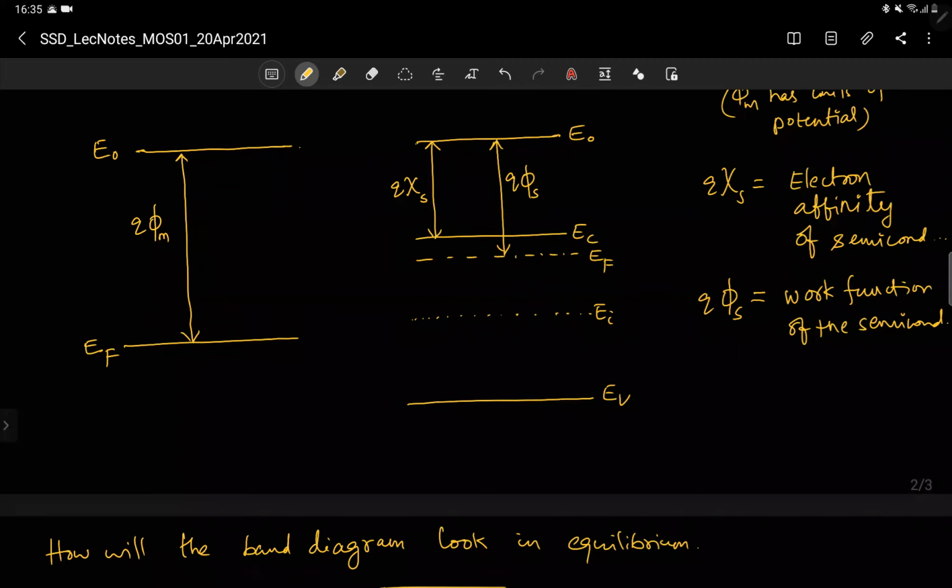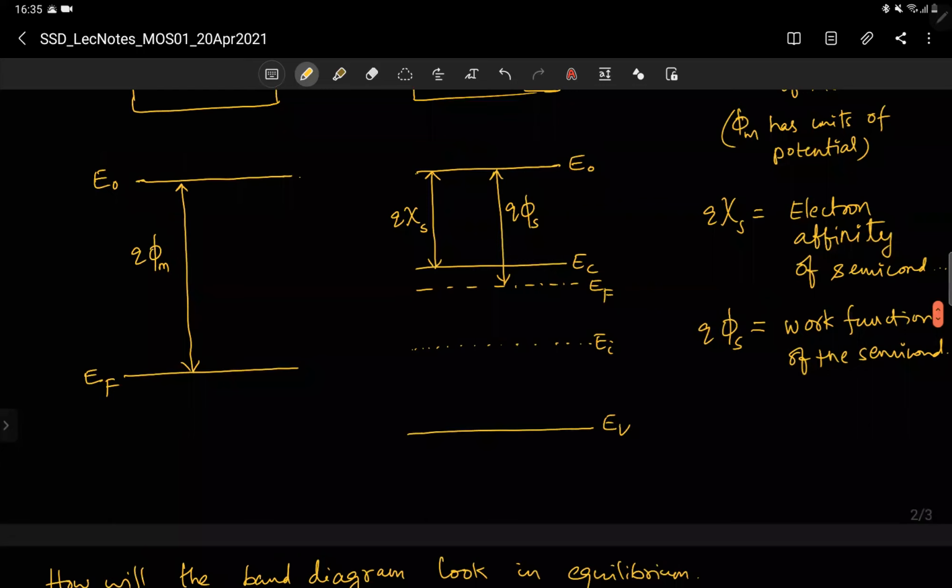There is another important concept in this band diagram, that is this particular quantity, which is the difference between E naught and EC. This is called electron affinity. Why is it called electron affinity? In atomic physics, there is an atom with a positive nucleus and an electron cloud surrounding it.